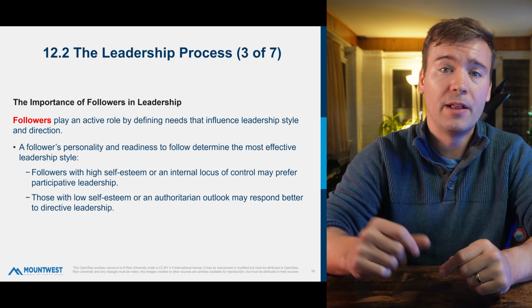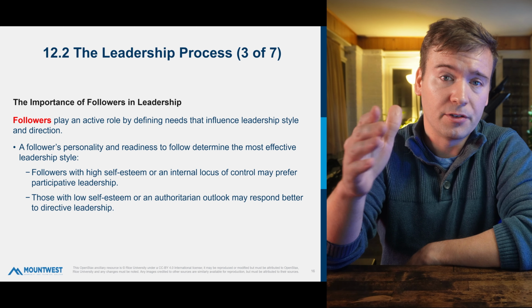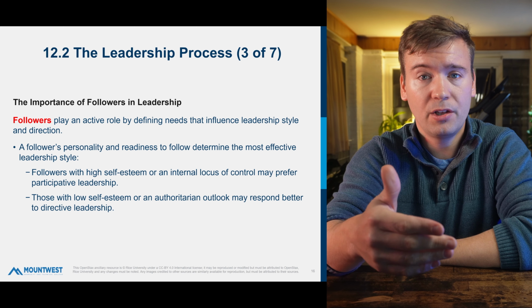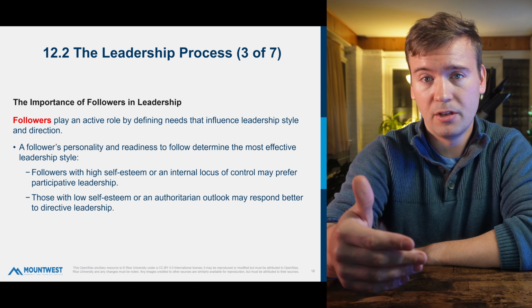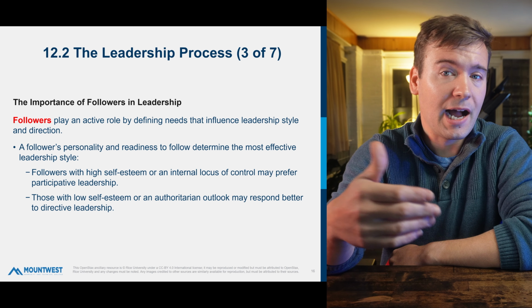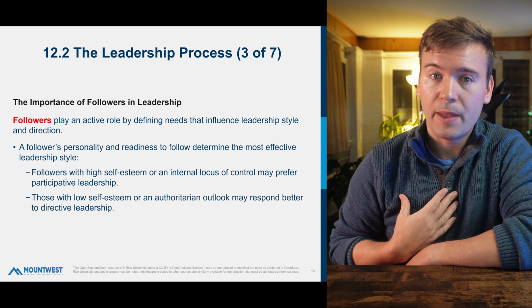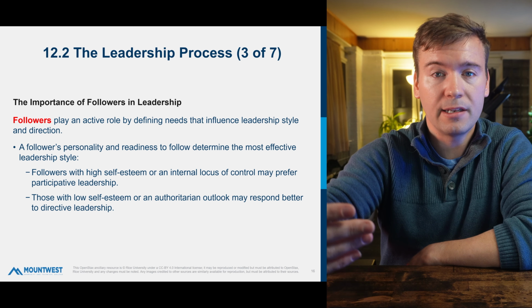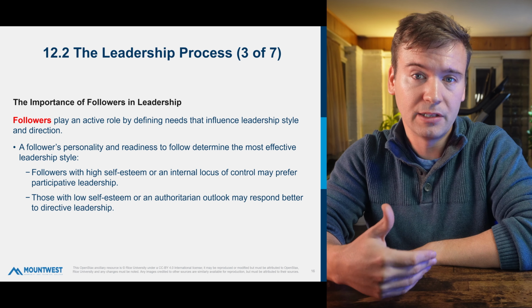They shape the process. For instance, a follower's personality, their values, their readiness to follow, all impact how a leader approaches a situation. A follower who has high self-esteem and an internal locus of control, who believes they have control over their own destiny, might thrive under a more participative leadership style.